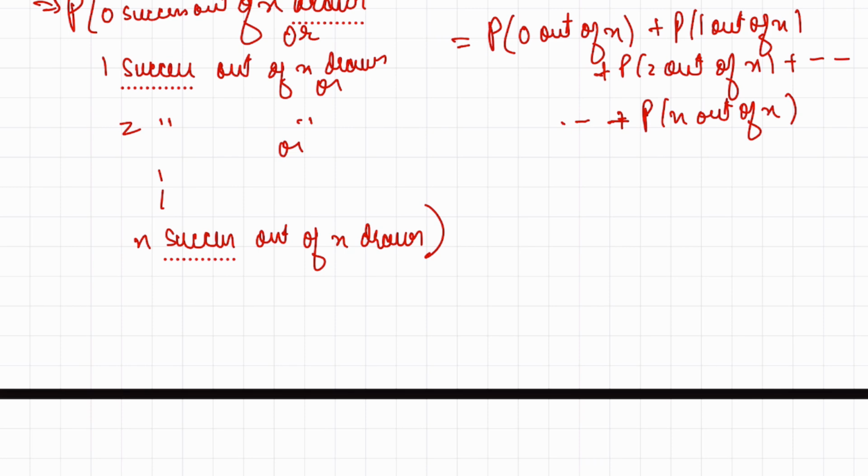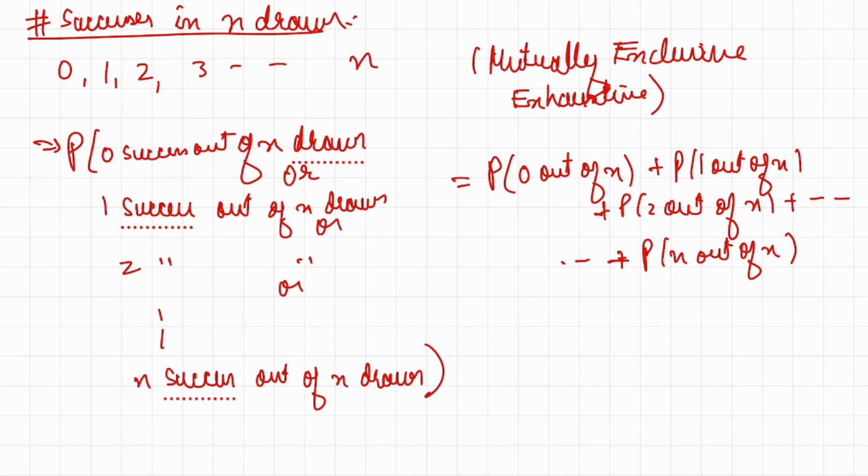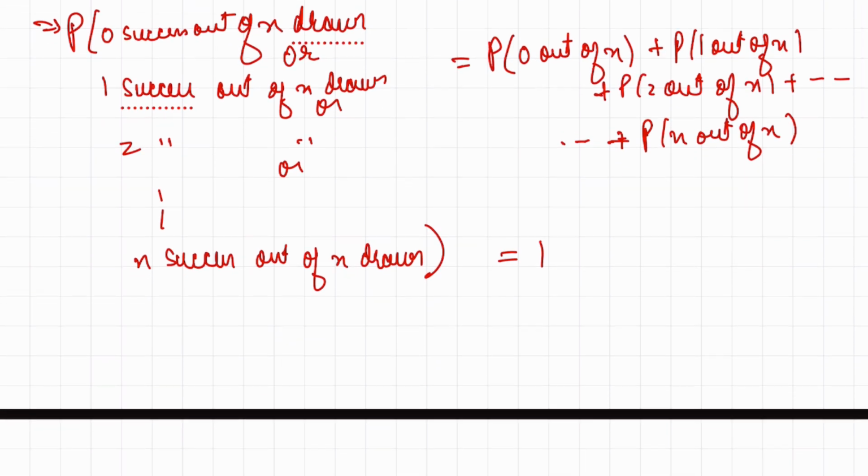Okay? And what should they sum up to? They should sum up to 1. The reason is because you've considered all possible combinations here. All possibilities have been captured. Like we mentioned, n draws, any number of successful items have been captured here. So therefore, the sum of these probabilities should be equal to 1.